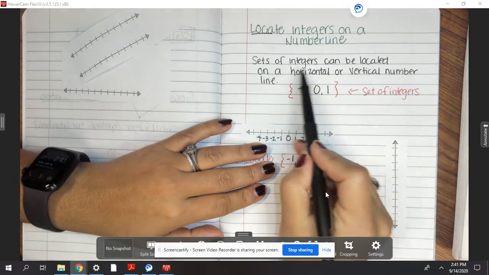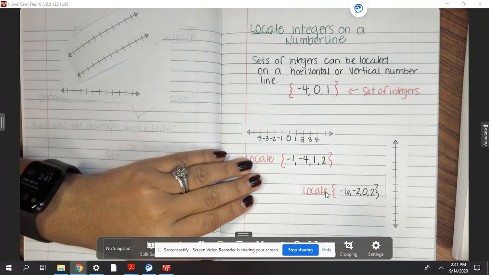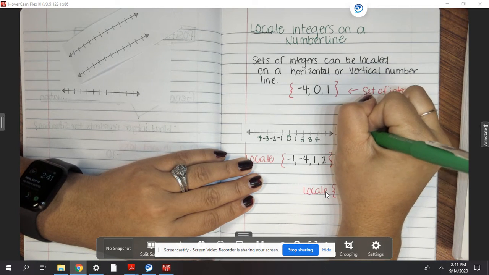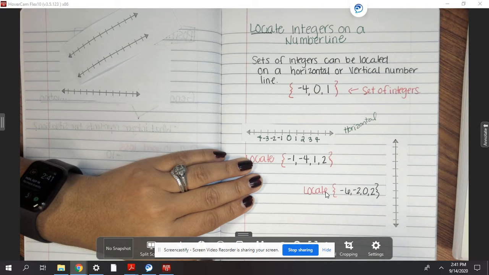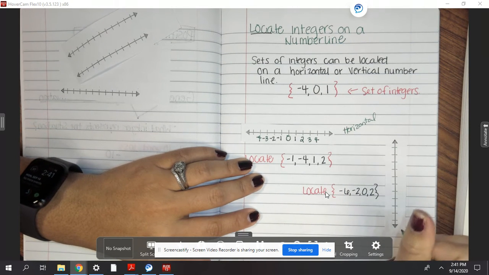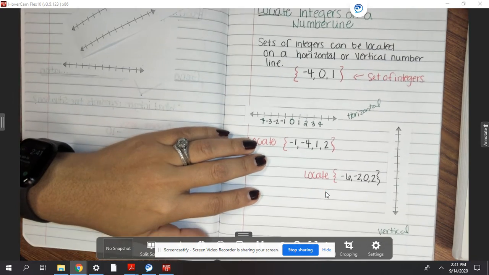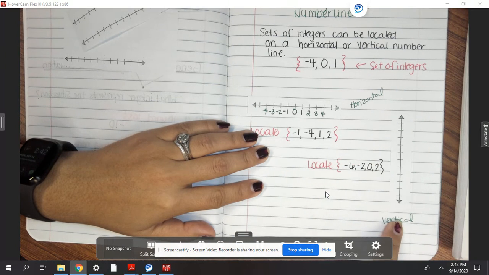Okay, so sets of integers can be located on a horizontal number line, right? This is horizontal. So if you want to write horizontal, okay, or vertical, this one right here is vertical. You can find those integers on a number line that's horizontal or vertical.